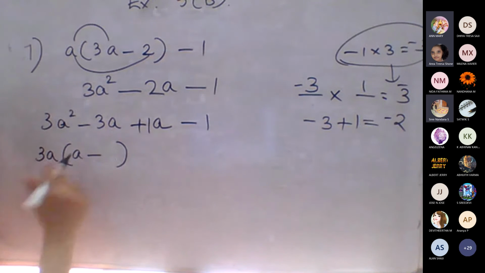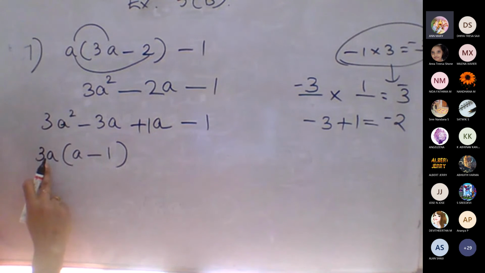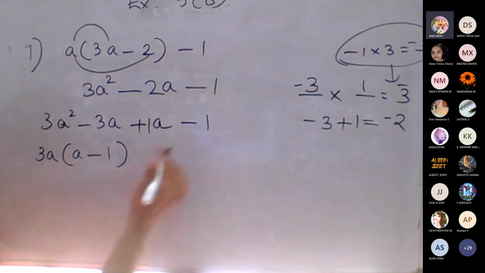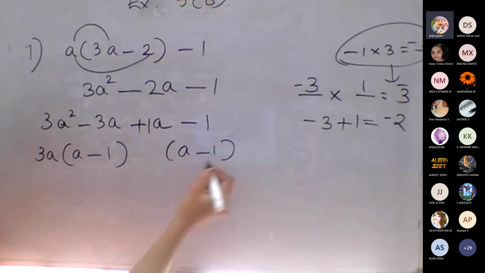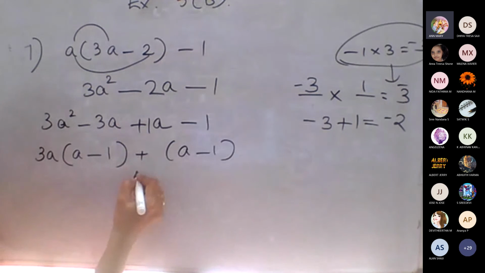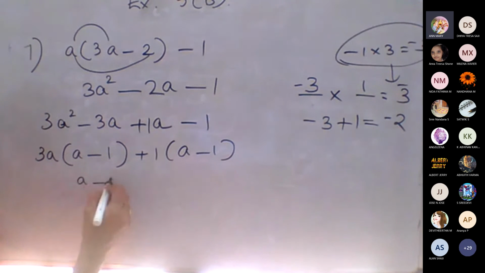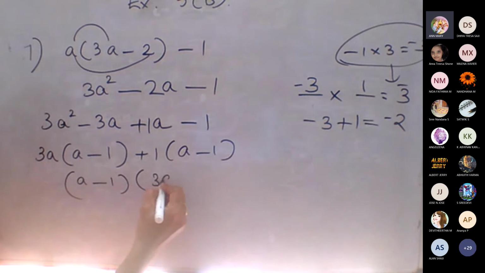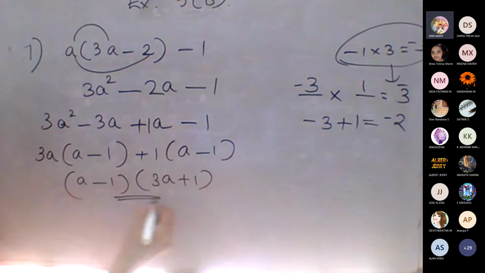Already we have minus 1. So depending upon the same a minus 1, what do I have to write here? Plus 1 only. Okay. Then a minus 1 common, balance 3a plus 1. So a minus 1 into 3a plus 1.